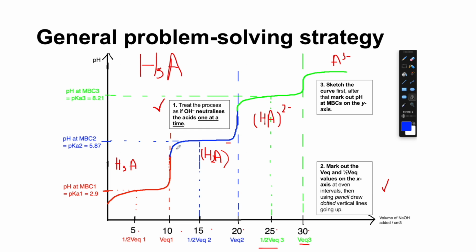Then the third thing I do is I sketch out the curve first, and then from the curve, I identify my maximum buffering capacity points, there, and there, and I draw my horizontal lines cutting the y-axis over here, and then write down pH equals pKa at these particular values. So that's it. And in total, once you practice, this won't even take more than 2.5 minutes.